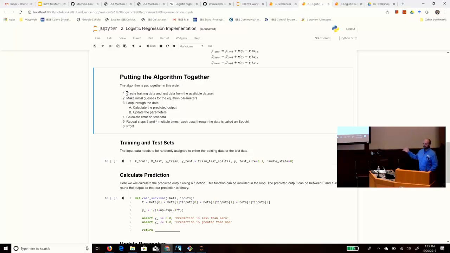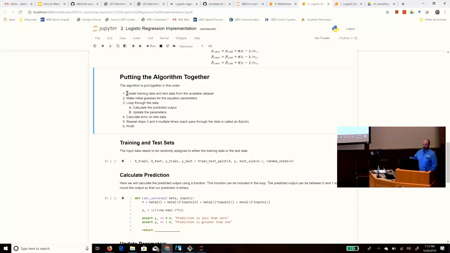So that's how we get our error values on the test data, not on the training data. And I think Dave will touch a little bit on why that's important when we get into the next notebook that Dave has. Then we're going to make some initial guesses for the parameters. These are just starting values for beta.